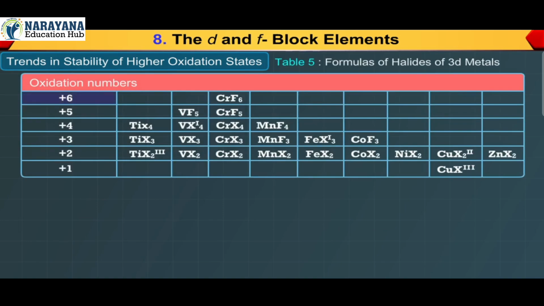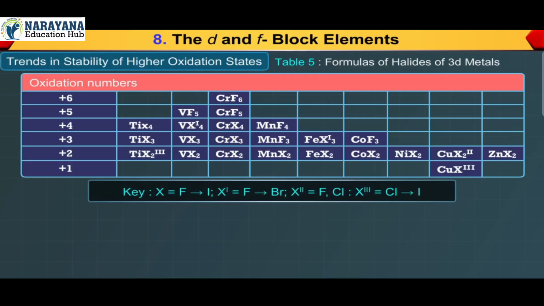Oxidation number +6: CrF6; +5: VF5, CrF5; +4: TiX4, VX4, CrX4, MnF4; +3: TiX3, VX3, CrX3, MnF3, FeX3, CoF3; +2: TiX2, VX2, CrX2, MnF2, FeX2, CoX2, NiX2, CuX2, ZnX2; +1: CuX.